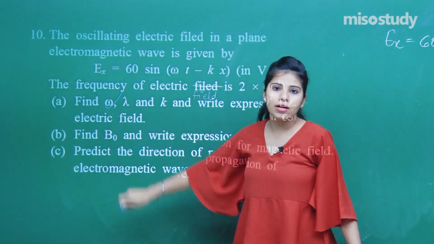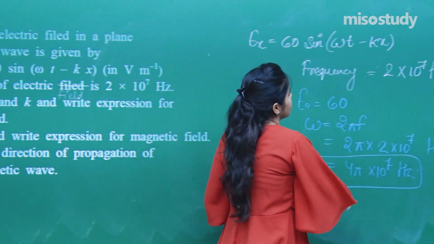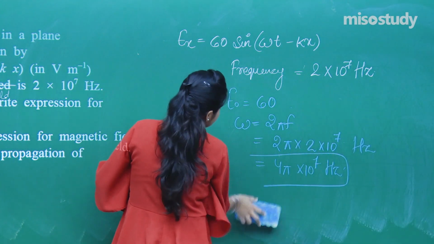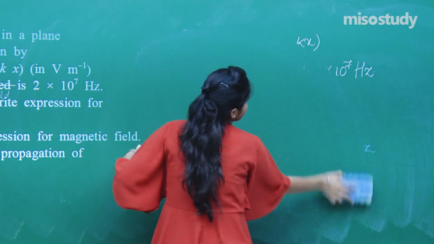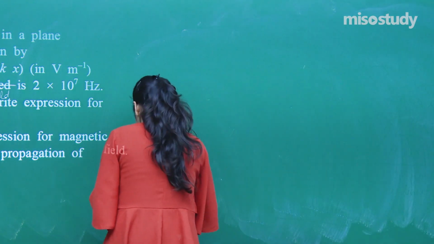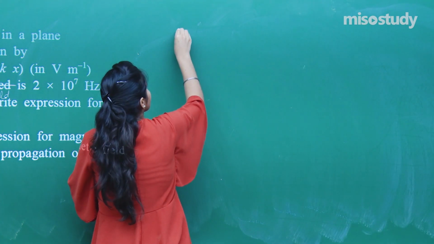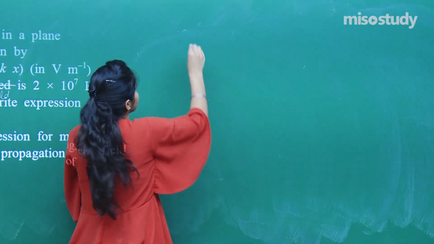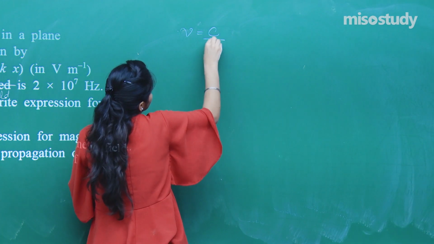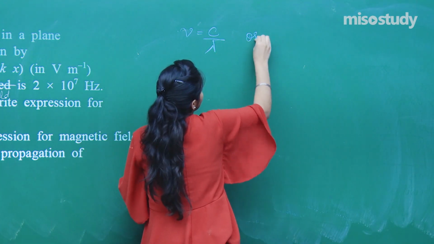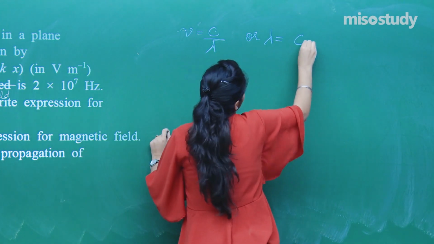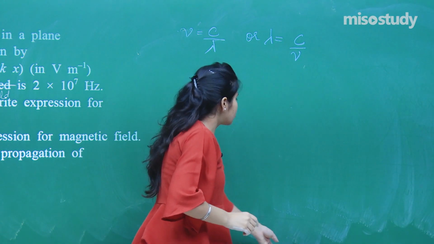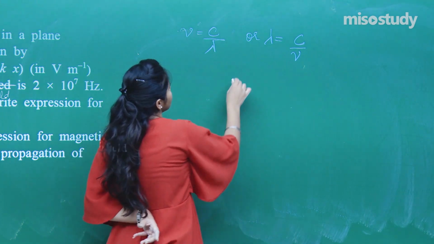Now lambda. We will be writing lambda. You know the formula, which is a relation between frequency and wavelength, which is nu equals c by lambda. So from here lambda equals c upon nu.